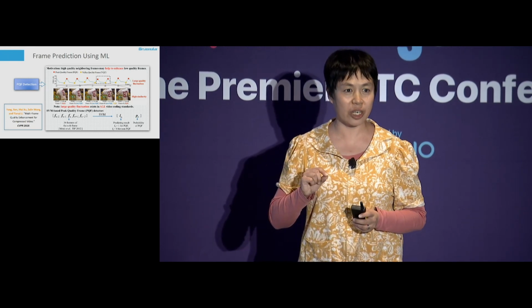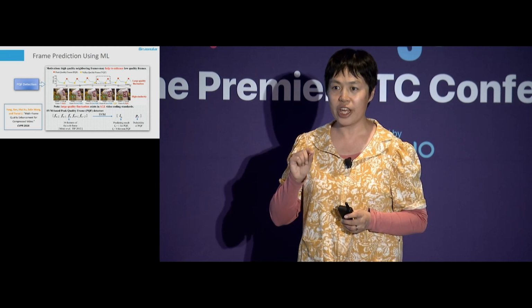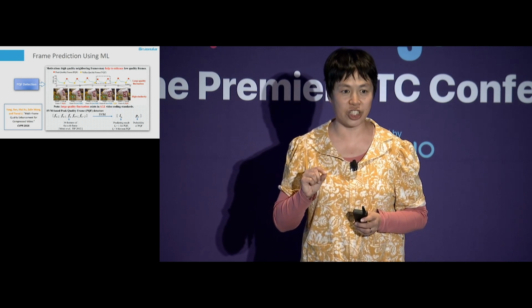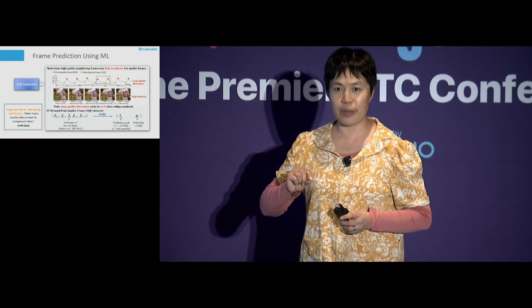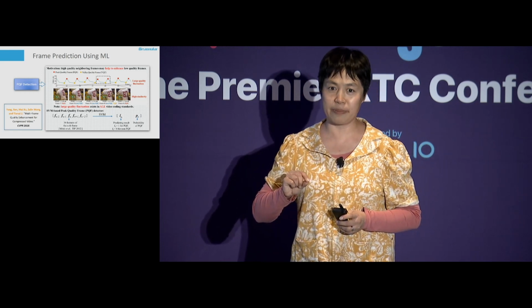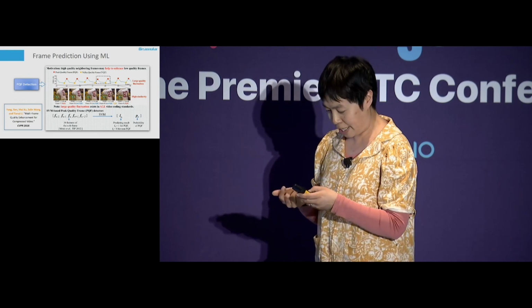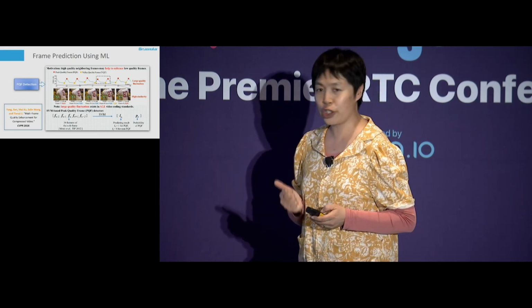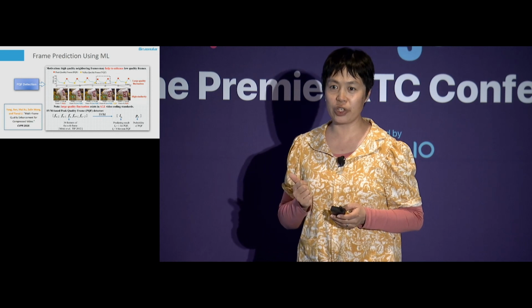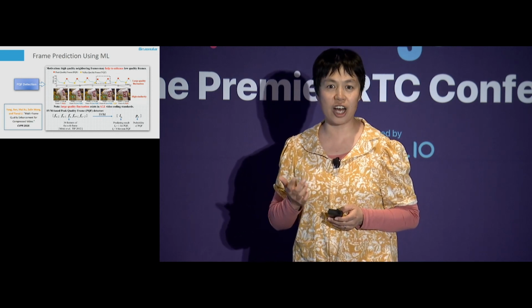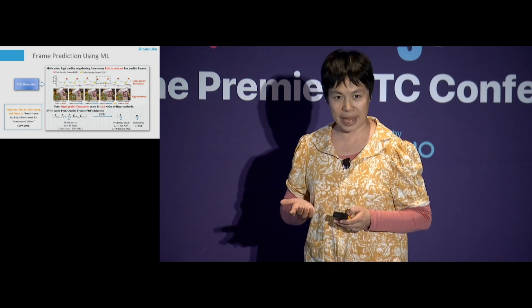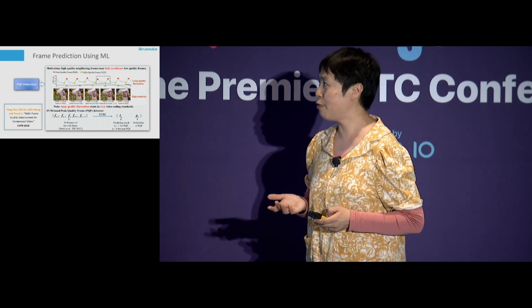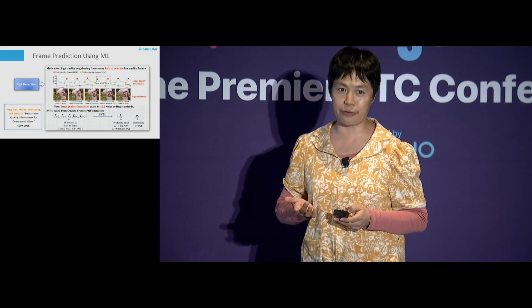But using machine learning, we may be able to borrow the good quality frames' information and use that to restore the information in the worse quality frames. So the first step is to identify in the decoded video which frames belong to the peak quality frames, or better quality frames, and which frames belong to the valley quality frames.